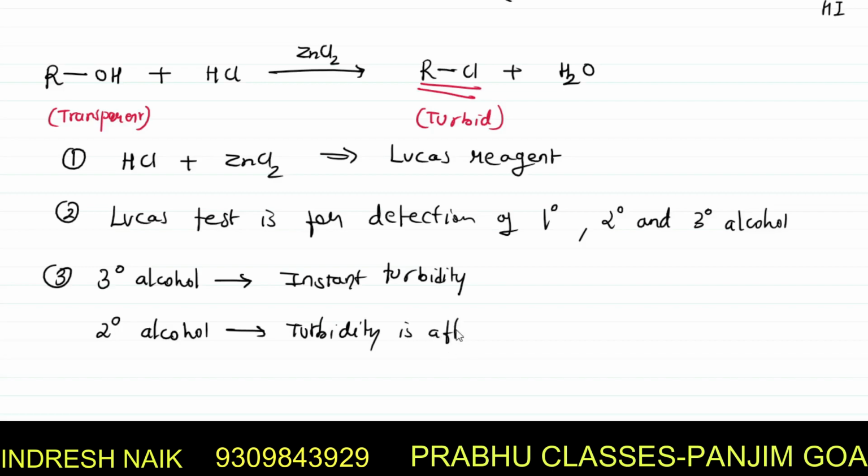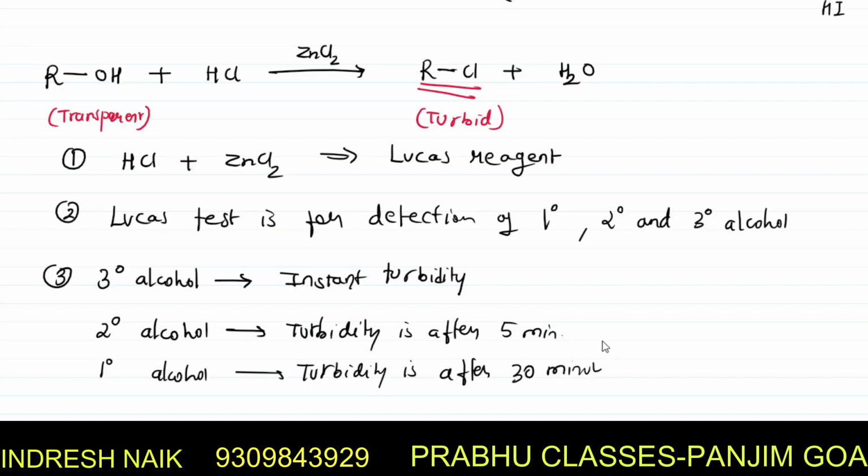And if it is a primary alcohol, then the turbidity is very slow, after 30 minutes. Now, why is this so?